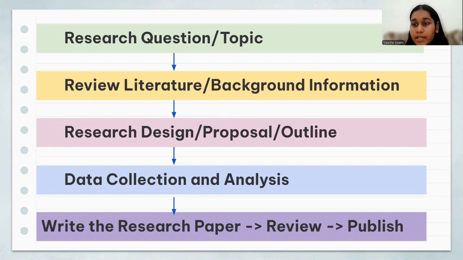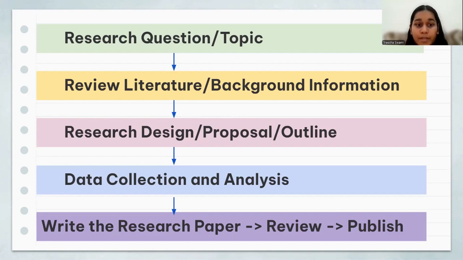In this step, we dig up background information on our topic. It is an overview of the information that is existing in the field, and it actually helps you understand the history, scope, and the depth of your topic that you are going to research on.